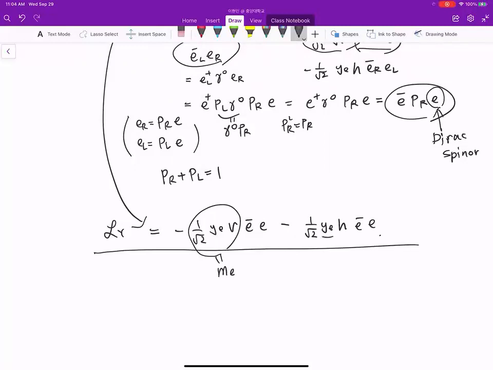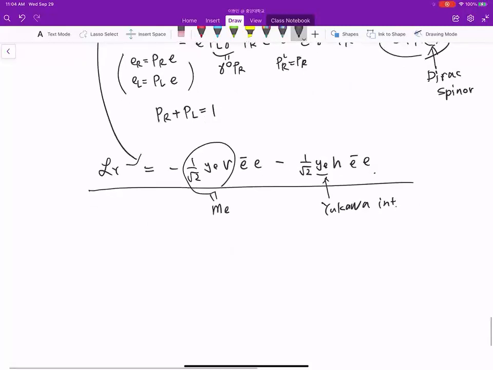And this y is the Yukawa interaction, with one over square root 2 times y_e, so y_e can be written in terms of the electron mass. Because of that, the Yukawa interaction can be written in terms of the electron mass.